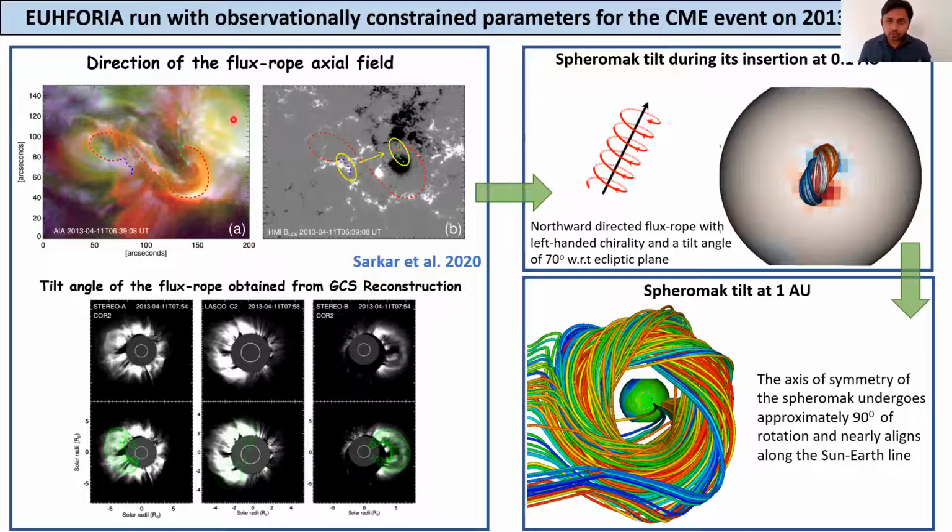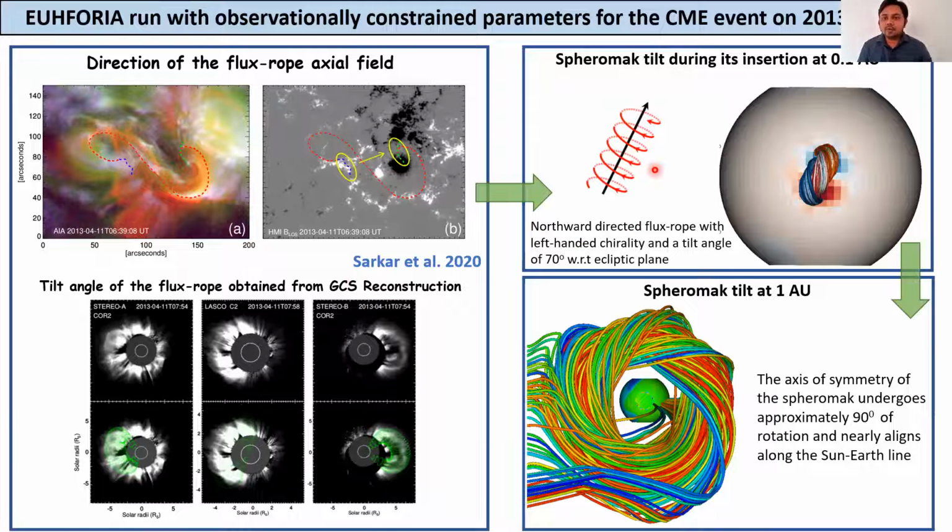So from the remote sensing observations, we constrain the flux rope properties, like the magnetic flux, which was constrained through the observation of the reconnection flux, and also the direction of the axial field, and the geometric properties like the direction of propagation and the angular width were constrained through the GCS reconstruction by applying it for 3 different viewing angles.